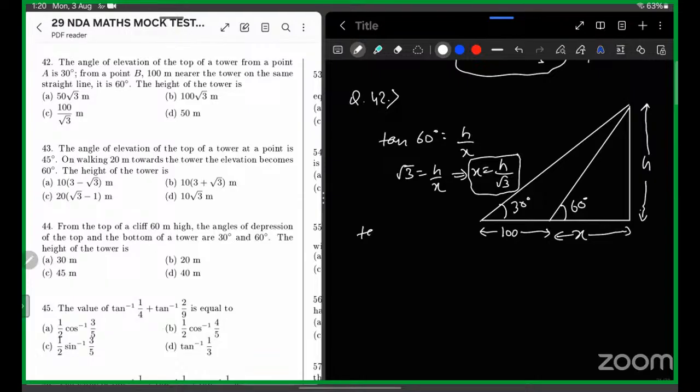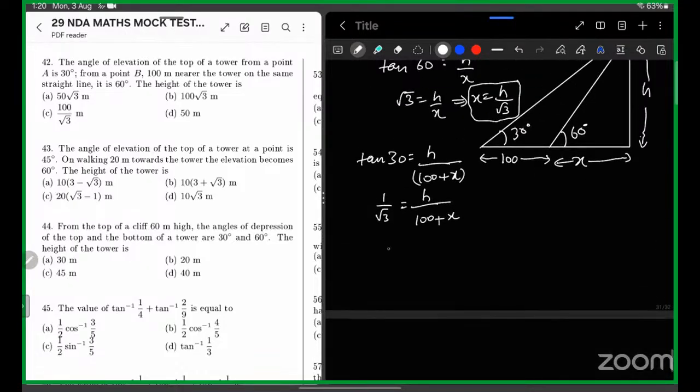Again, tan 30 is h by 100 plus x, that is 1 upon root 3. Do the cross multiplication.